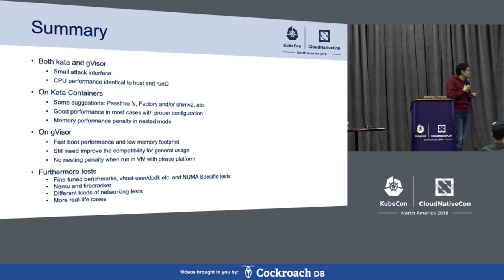We may also introduce NEMU and Firecracker in later tests, and different kinds of networking tests including the UDP case and the TCP case, and if there is some packet loss, maybe do other advanced filtering of the packets, and also have some more real-life cases.